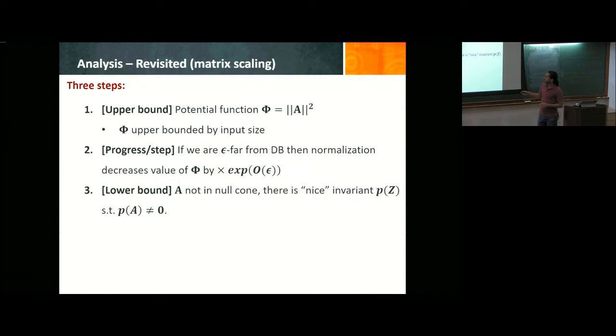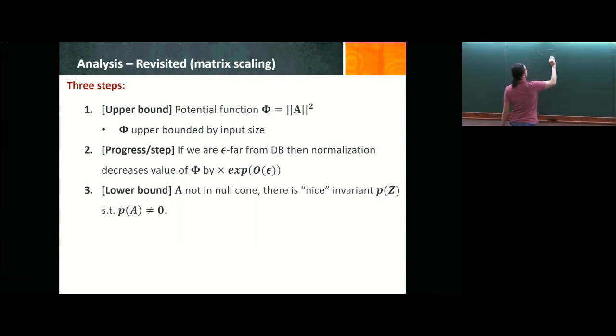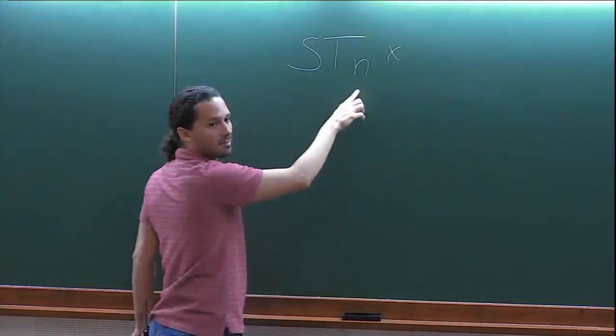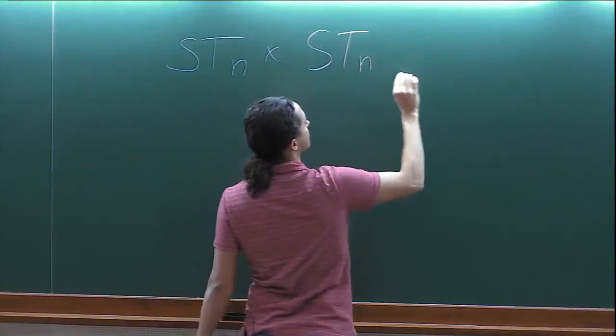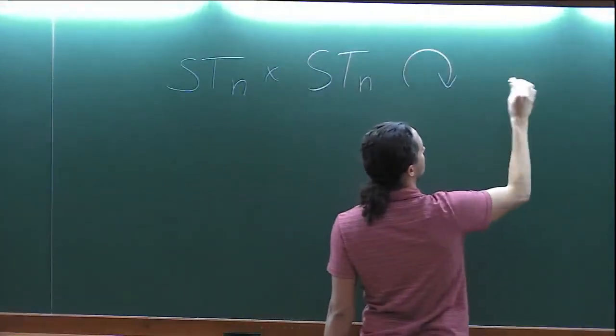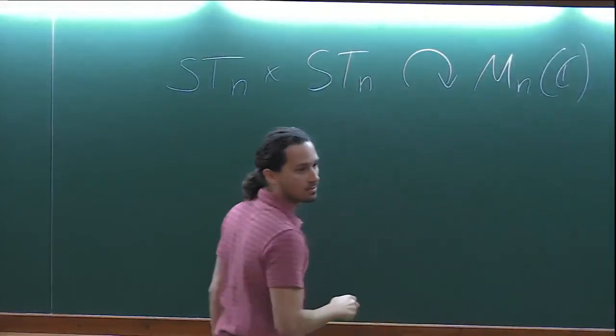And if A is not in the null cone, remember, the matrix balancing problem can be seen as the following invariant theory problem. I have the group of diagonal matrices, as Kit defined in the previous talk, acting on the space of n by n complex matrices.